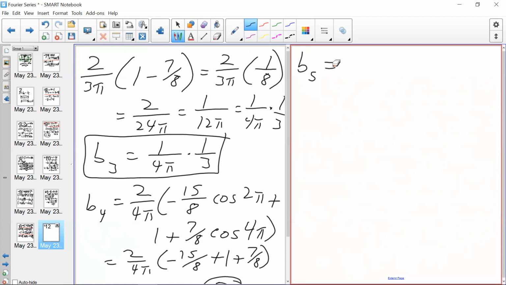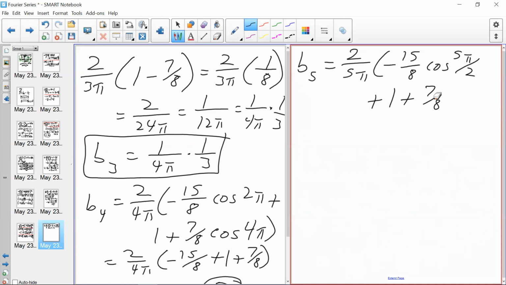So then B5. See that, this is repetitious. So negative 15 over 8 cosine 5 pi over 2, plus 1, plus 7/8 cosine of 5 pi, right?